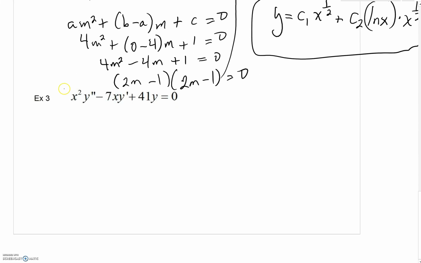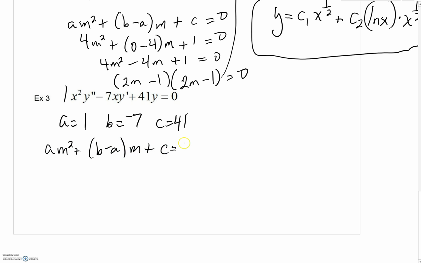Finally, as we look over here for number 3, we'd have a is equal to 1, b is equal to -7, c is equal to 41. And again, it's am squared plus b minus a m plus c. Set that equal to 0. You'll have 1m squared. Here you get -7 minus 1 m plus 41.